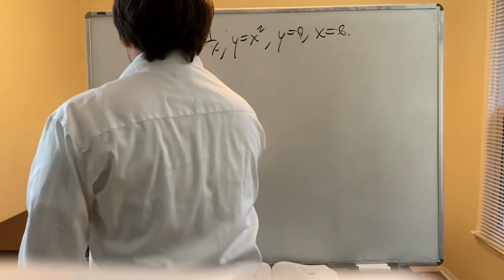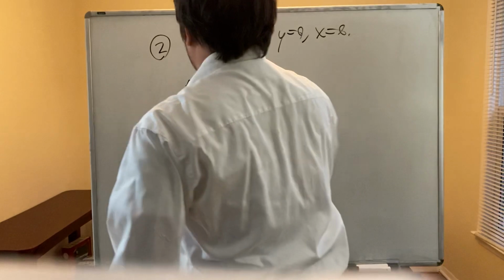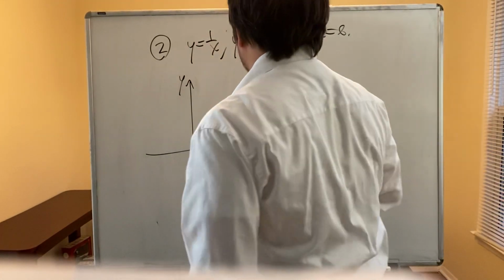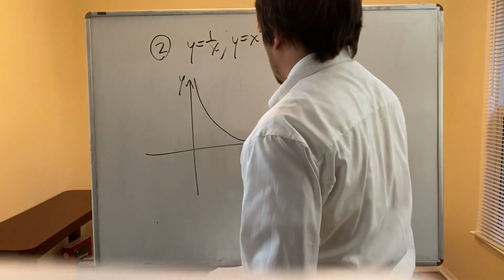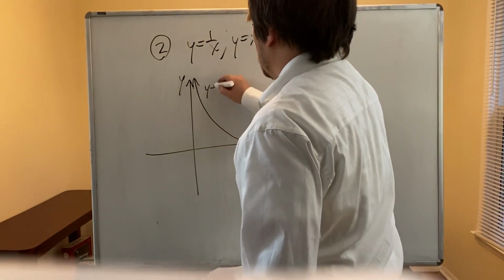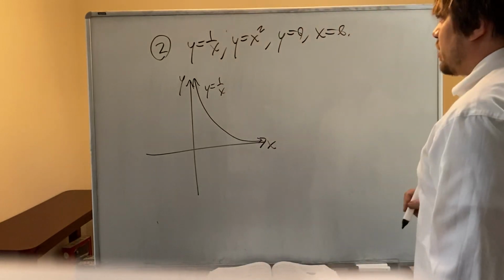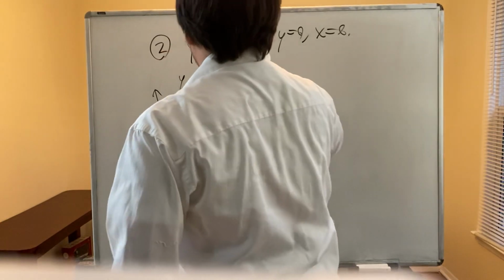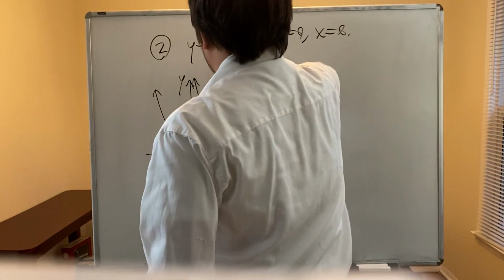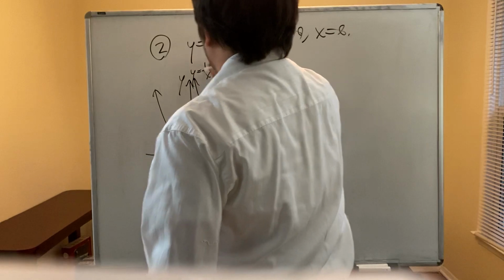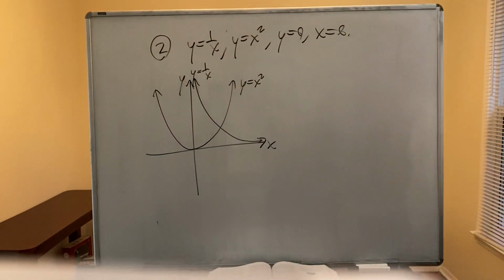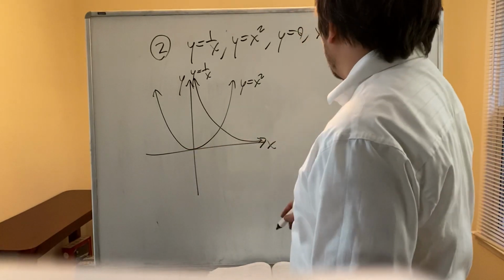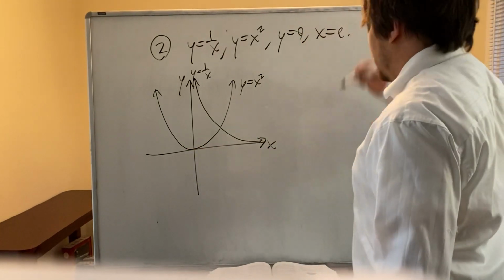So, x-axis, y-axis. This is y equals 1 over x, that's the curve of y equals 1 over x. And then there's the graph of y equals x squared. y equals 1 over x, y equals x squared, y equals 0, and x equals e. That's e.